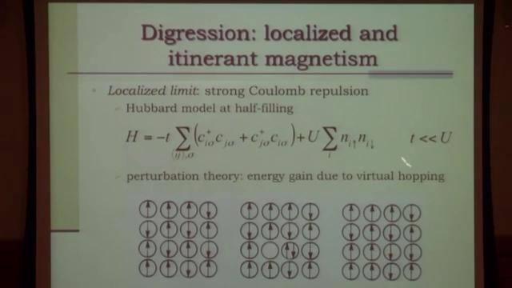So what happens if you go to the limit where U is much larger than t? This term dominates, and the electrons don't want to go anywhere. The electrons want to stay on their site, because if they move to another site, they have to pay energy U. So they form an insulator. That's the so-called Mott insulator.